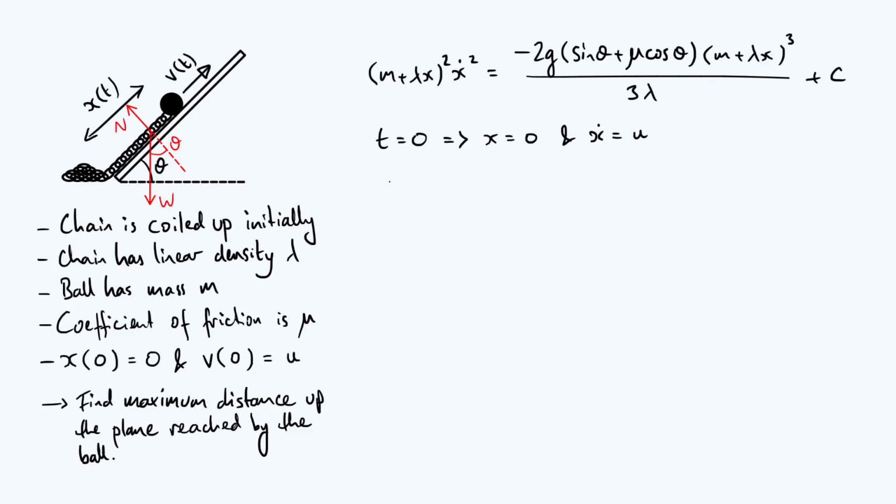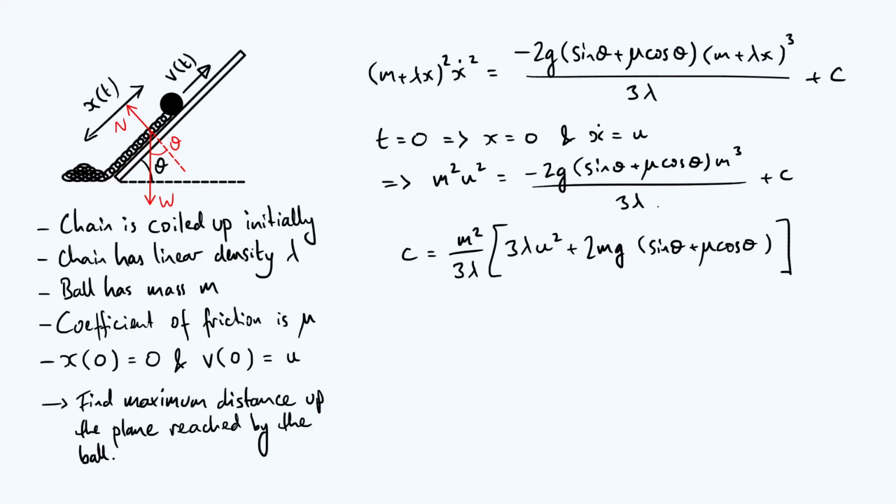So if we do that with this equation up at the top there, the left hand side will reduce to m squared u squared, that lambda x disappears. The right hand side, you're still going to have all of this stuff, minus 2g sine theta plus mu cos theta, but the bracketed term after that is just going to be m cubed, all of that as a fraction over 3 lambda, plus c still has to be there.